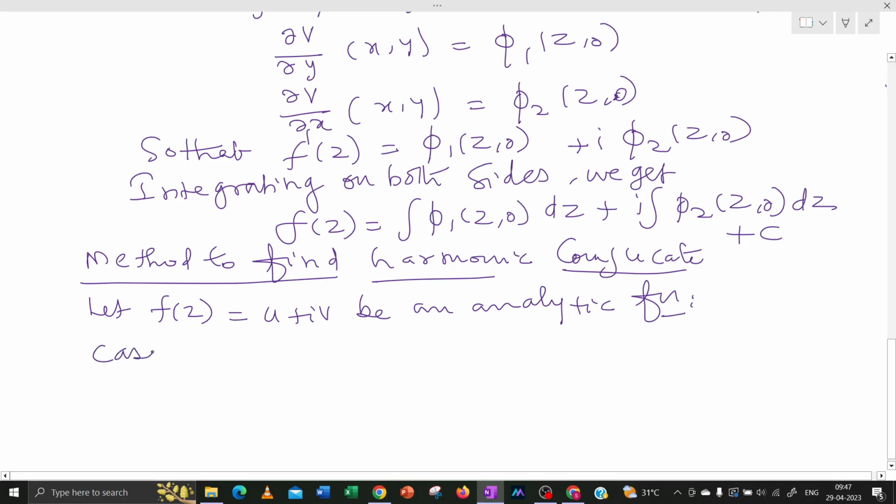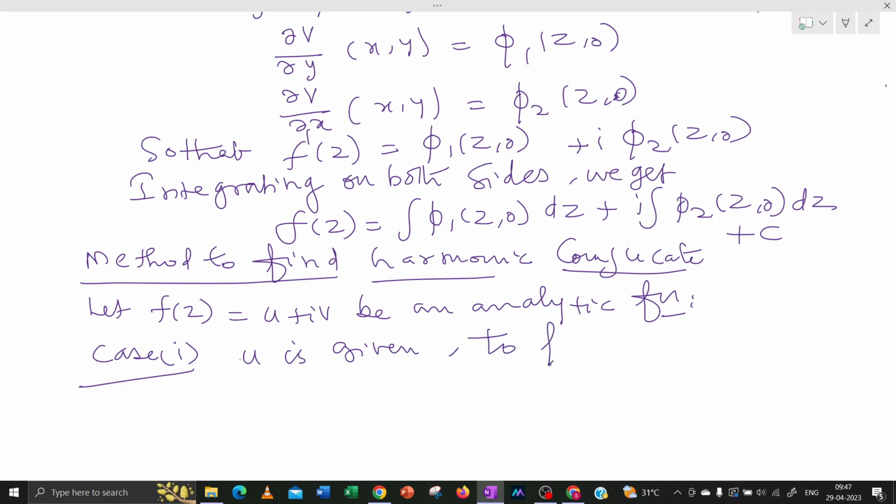In case the real part u is known, or u is given, we have to find v.